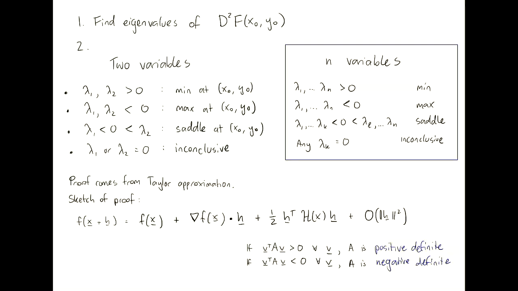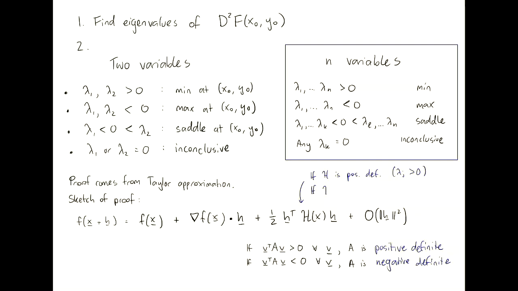What we do get for free is that if the Hessian is positive definite, what that means, and what we can take as a given, is that all of the eigenvalues are positive. That is where positive definiteness comes from.